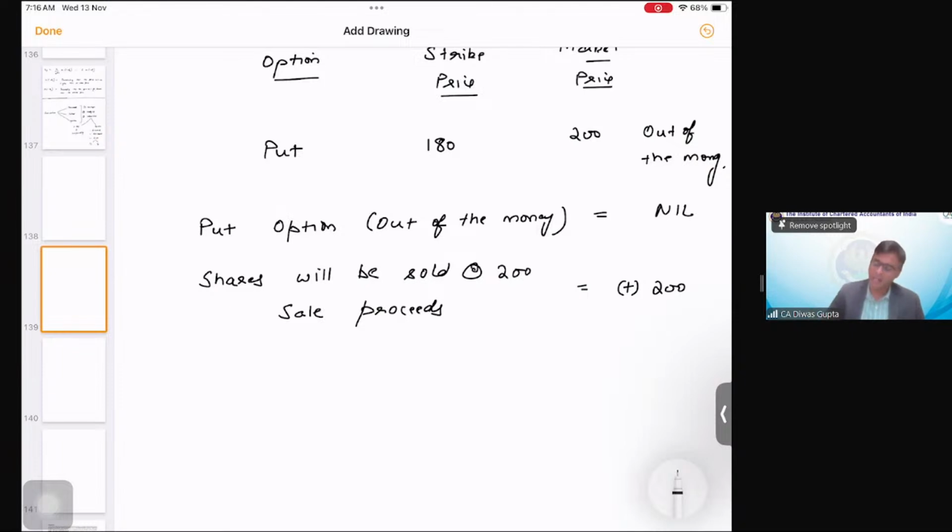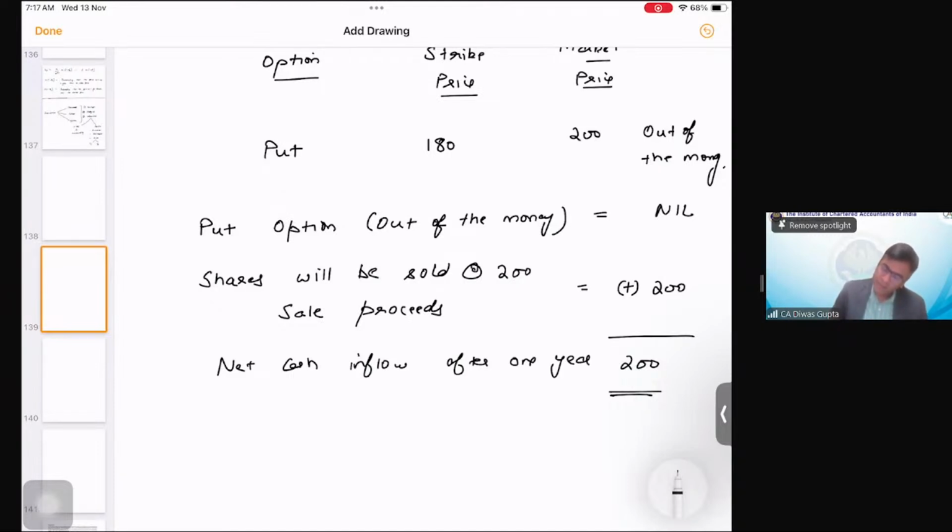Whatever holding I had, I will sell it at 200. In a nutshell, I will be making 200 rupees here. Net cash inflow after 1 year is equal to 200 rupees.